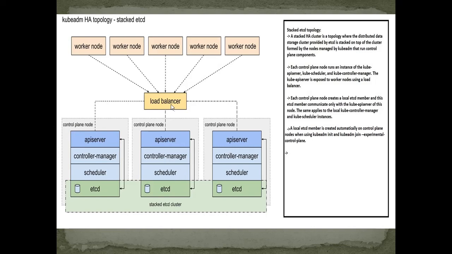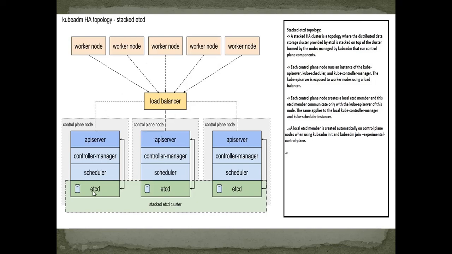And at least you need a load balancer. You can use Nginx load balancer, or HAProxy load balancer, or if you are using any cloud infrastructure, you can use that cloud infrastructure's load balancer as well. You can see that the worker nodes connect to the master nodes with the help of the load balancer.